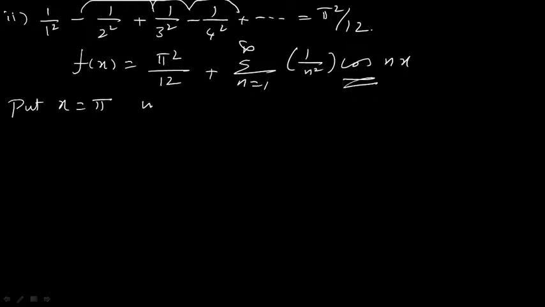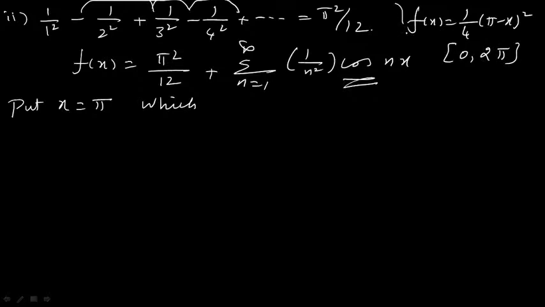Here f of x is equal to 1 divided by 4 times pi minus x whole square, a given function that is defined in the closed interval 0 to 2 pi, which means it is continuous at all points including 0 and 2 pi. Pi is approximately here, between 0 and 2 pi, which means that is a continuous point.